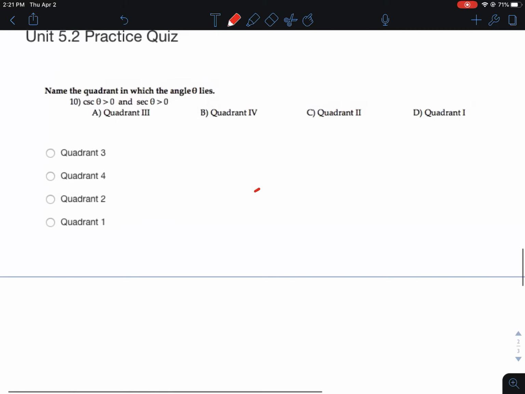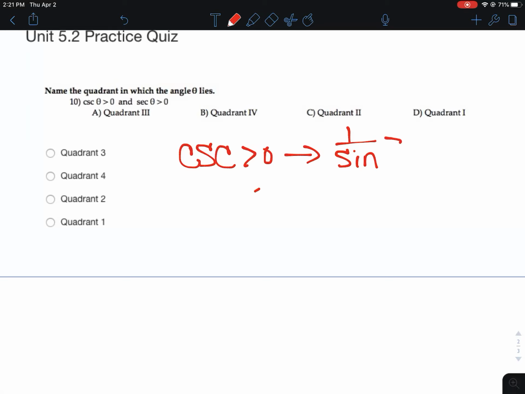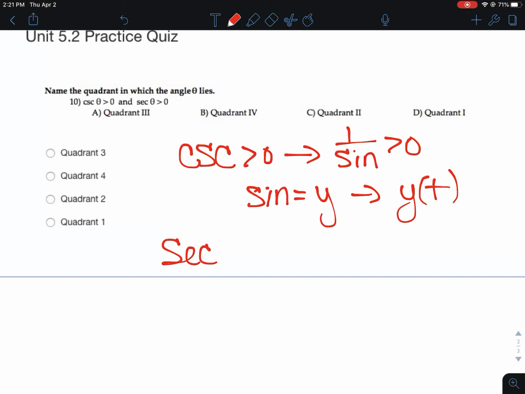And then the piece where we're getting into the quadrants. The way I think about this one, cosecant is positive, is what they tell me. That means 1 over sine is positive, so sine has to be positive, and sine is the y value. So y has to be positive.